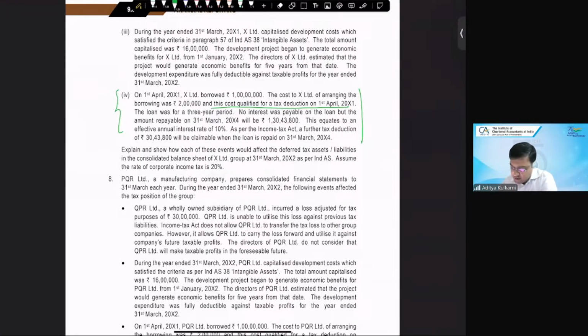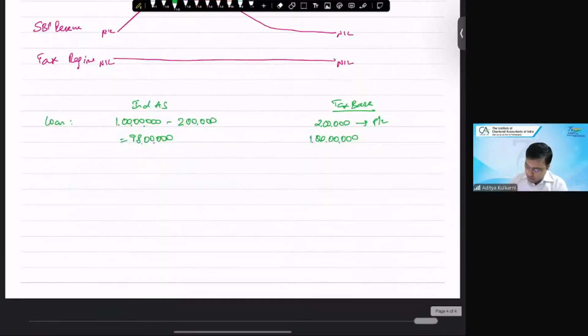The loan was for a 3-year period. No interest was payable on the loan, but the amount repayable on 31st March 20x4 will be 1 crore 30 lakh 43,800. This equates to an effective annual interest rate of 10%. As per income tax, a further deduction of 30,43,800 will be claimable when the loan is repaid on 31st March 20x4. So this loan will appear like this.